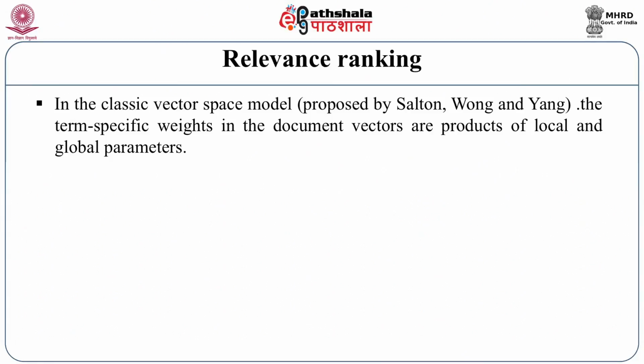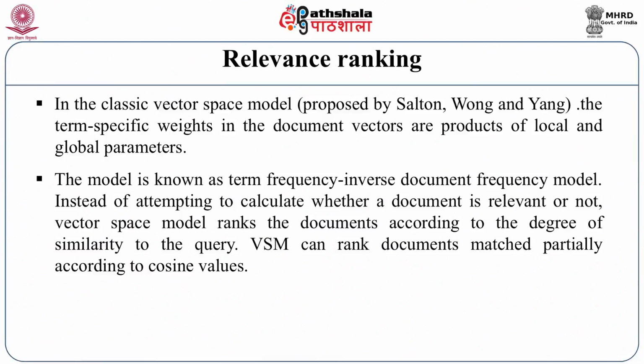In the classical vector space model, the term specific weights in the document vectors are products of local and global parameters. The model is known as the term frequency and inverse document frequency model if we put them together as a weighting scheme.